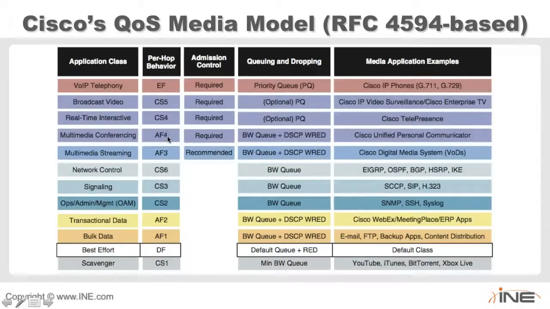And we might not only have, first of all, we can have any number of classes that we choose. Maybe we don't have all these types of traffic. Maybe we're only going to have a 3-class model where we have VoIP, signaling for that voice, and then we've got best effort. So 3 classes, one of those being just best effort default. Okay. We might have a 4-class or a 6-class model.